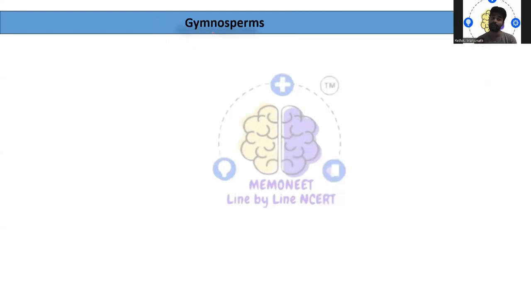Now, when I'm talking about the gymnosperms, the word gymnos is nothing but naked, and sperma or sperms are nothing but seeds.